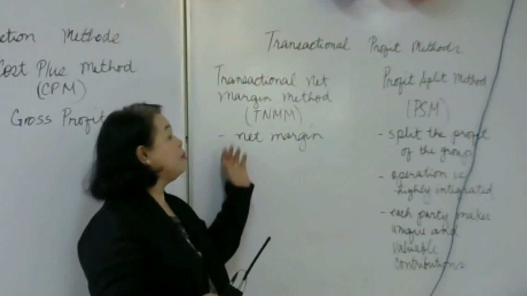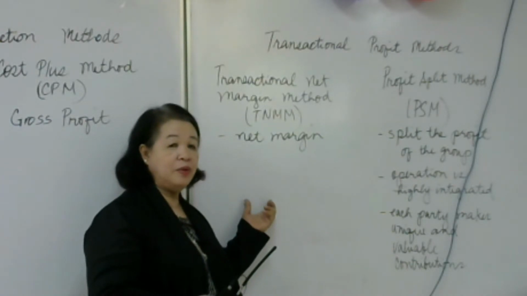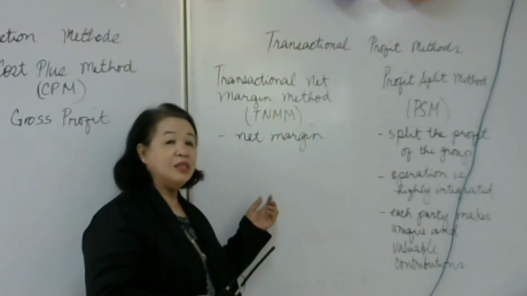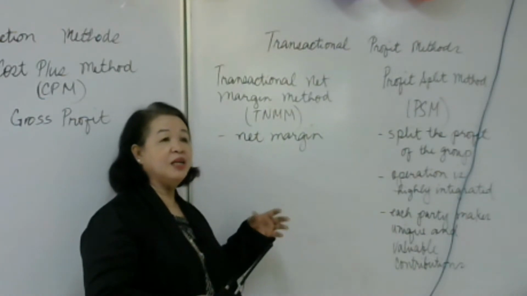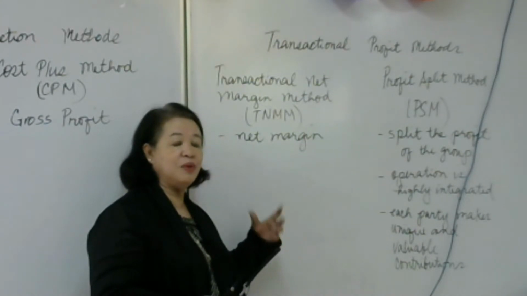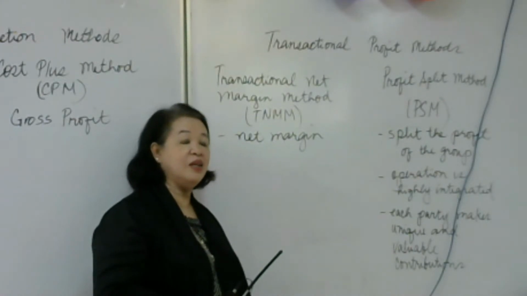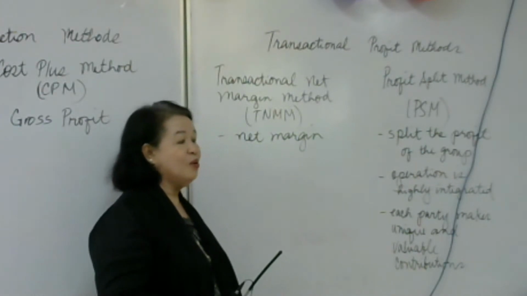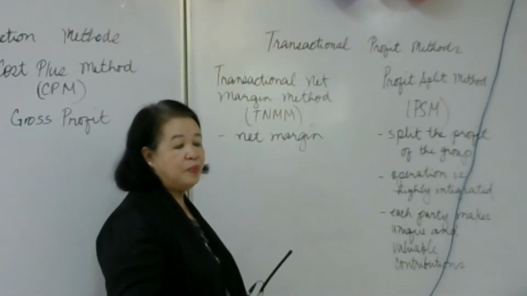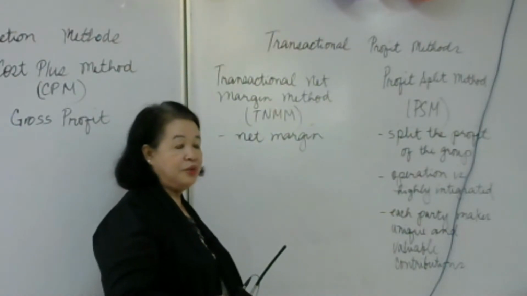Kasi dito sa mga methods natin, affected din sila doon sa mga functions perform. Why is it that the distributor is just performing simple functions? Samantalang itong Coke, nasa kanya lahat ng intangible na-develop, lahat ng know-how. Bakit mas maliit lang yung kita niya as compared doon sa distributor? So, anong ginawa doon sa case na yon? In-adjust yung profit ng subsidiaries at binigay sa parent company, which is the Coke.